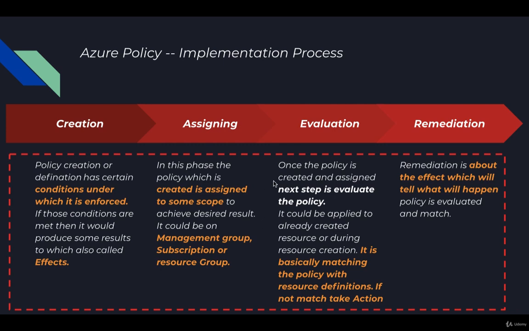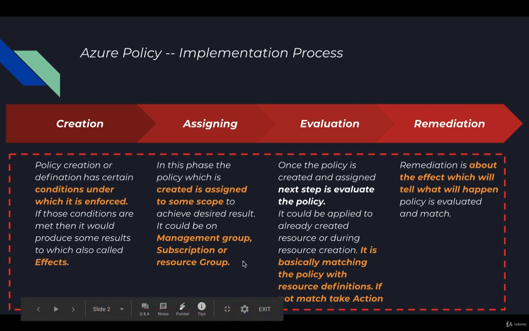Once we have assigned the policy, the next step is the evaluation, like calculating the result. It could be applied to an already created resource, let's say a VM which is already deployed, or to future deployments. Evaluation is basically matching the policy with the resource definitions.